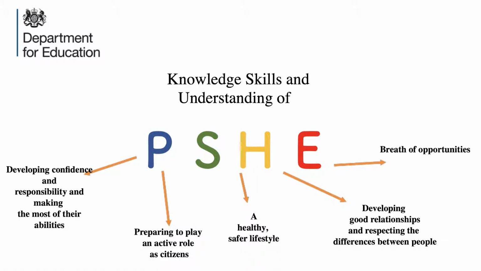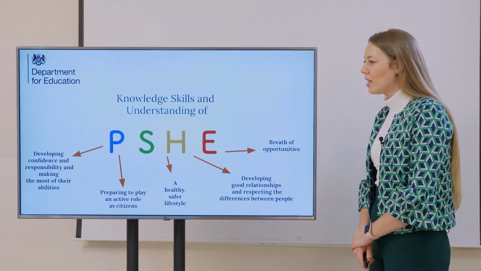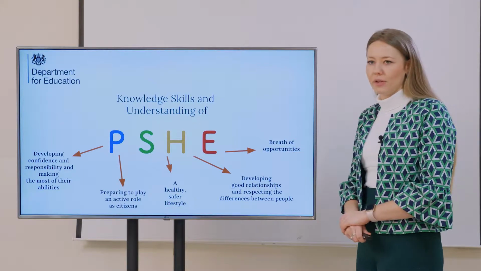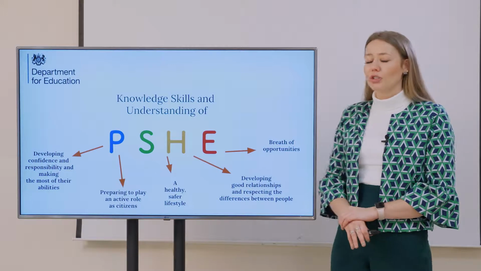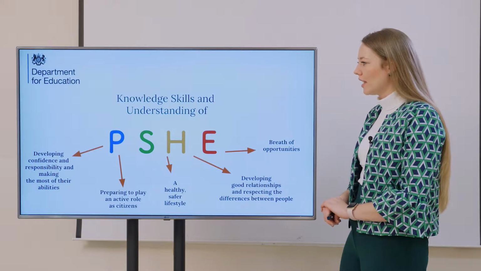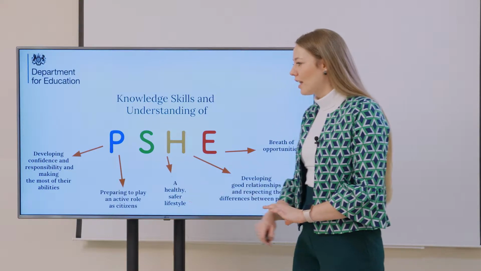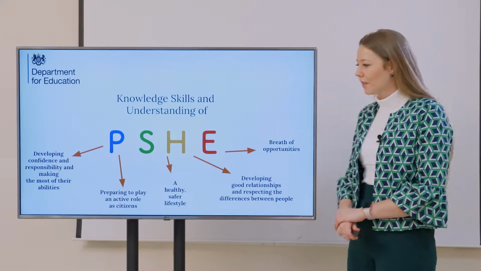So, just to broaden your knowledge and skills and understanding of PSHE, this is what the Department of Education brings out the strands into. So, when learning about PSHE, the children have to learn about these 5 strands. The first strand is developing confidence and responsibility and making the most of their abilities.